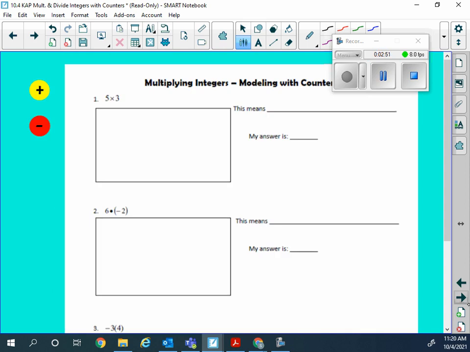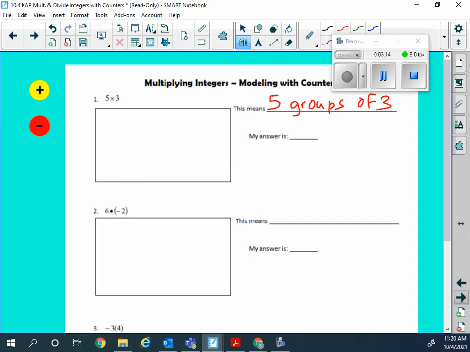So first of all, I want you to think about 5 times 3. Think back to 3rd grade math. What does 5 times 3 mean? 5 plus 5. There we go. I was looking for the word groups. It means 5 groups of 3, right? Are you writing?